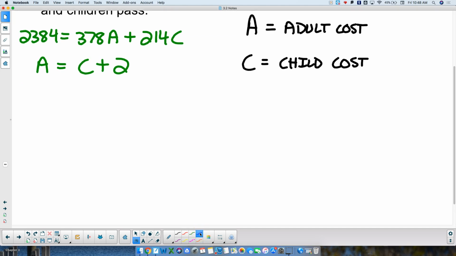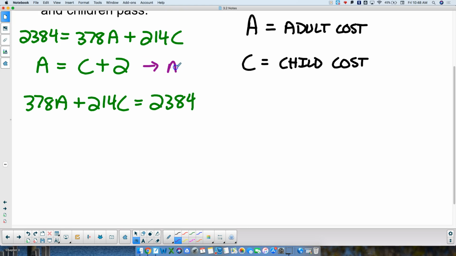So the very first thing that I'm going to do is get them all lined up. 378A plus 214C equals 2384. And then over here, this one is really A minus C equals 2.